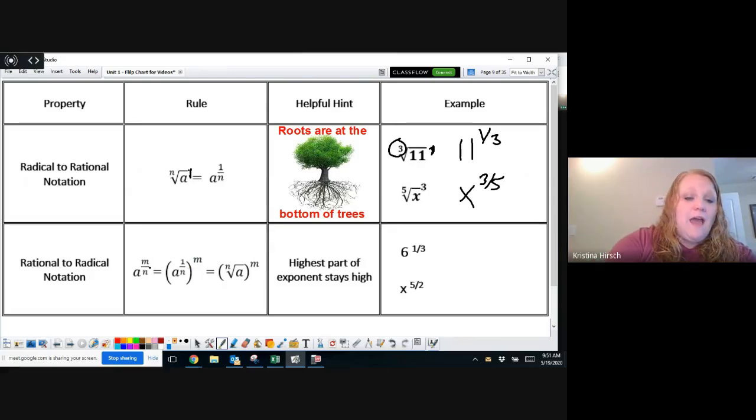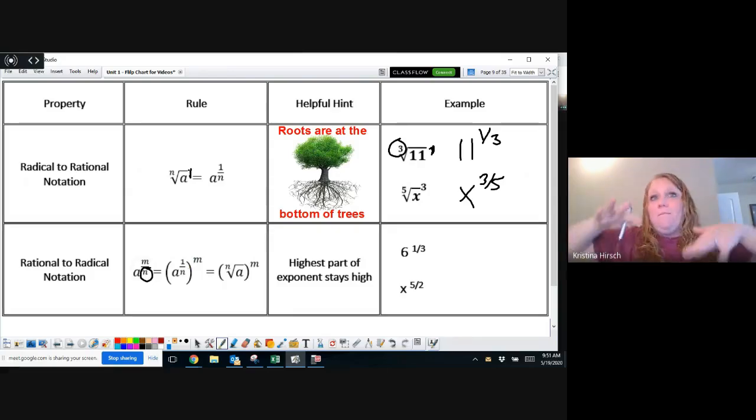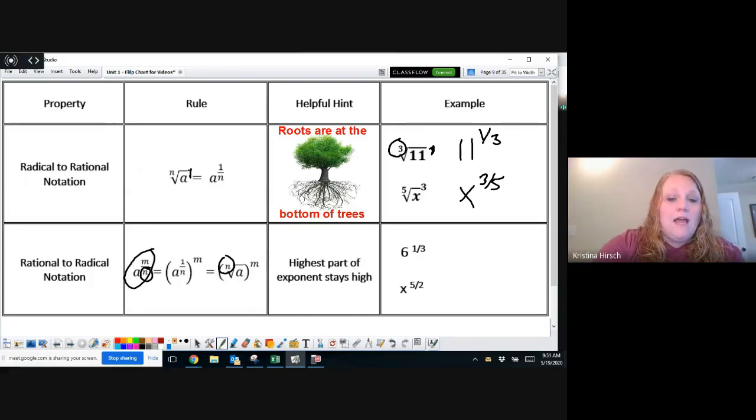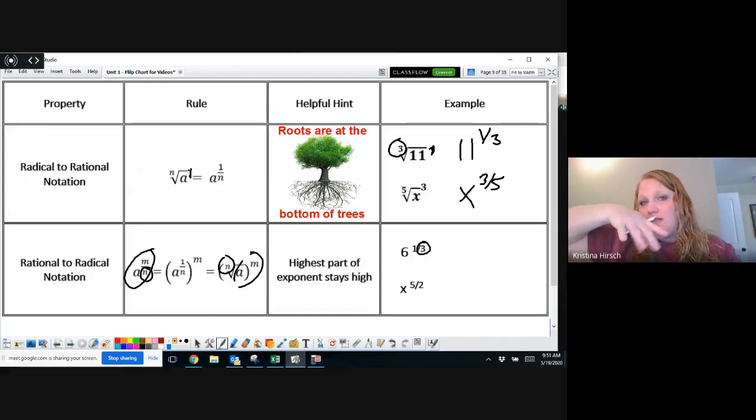So here the n is the denominator, bottom of trees. The n is my root or my index. Notice that the n became the root, and then the a to the m power stayed a to the m power. That part stayed. When we look at this example, 6 to the 1/3 power, 3 is my root because it's at the bottom of the tree, the denominator.